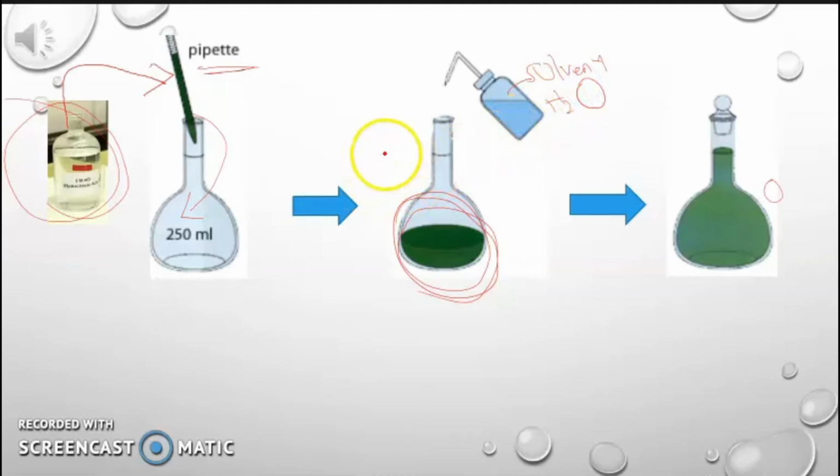The water needs to be filled up until it reaches the calibrated mark. Why? This is to ensure that the volume of the solution is exactly 250 ml. And you are finished. There you get your newly diluted 250 ml of HCl.